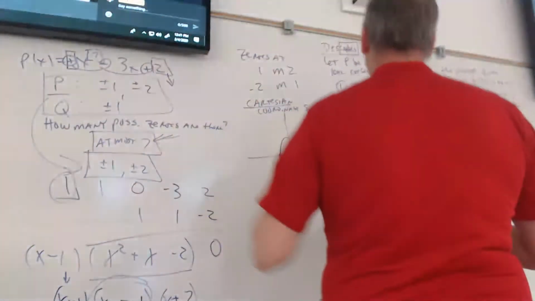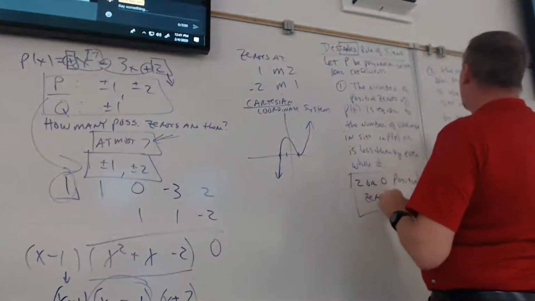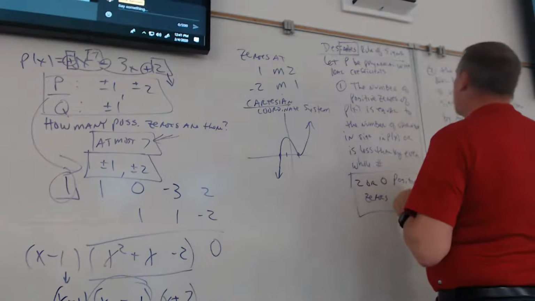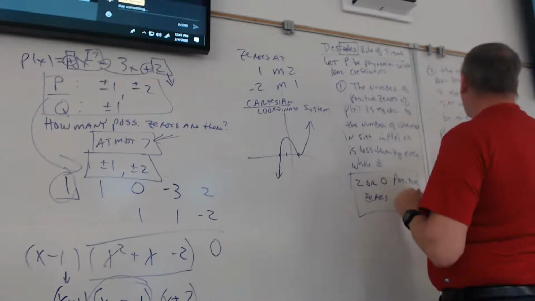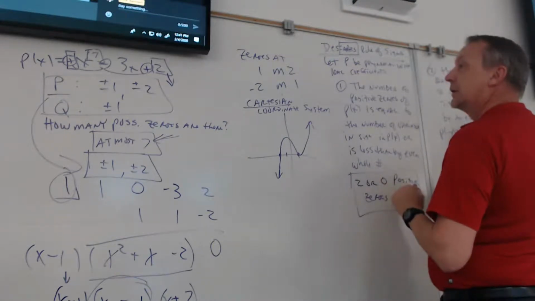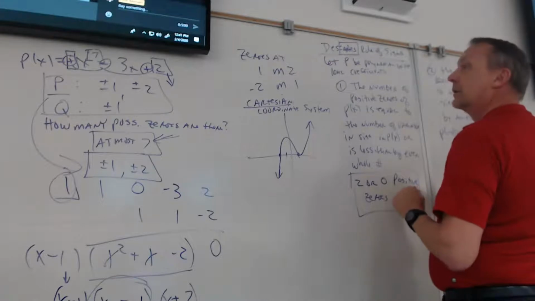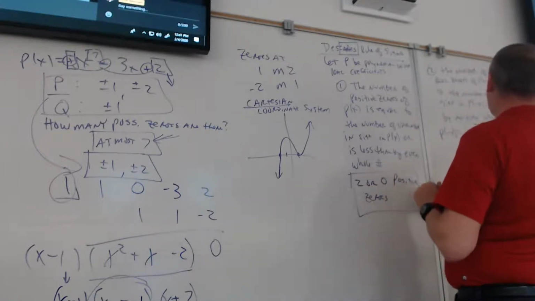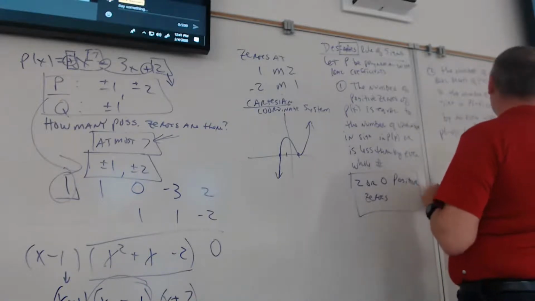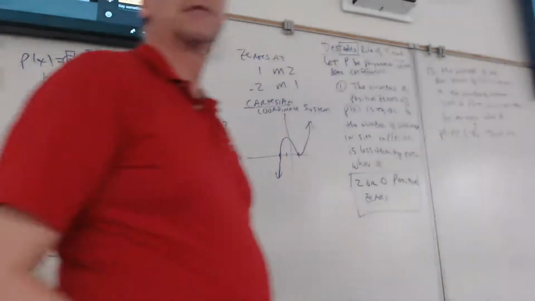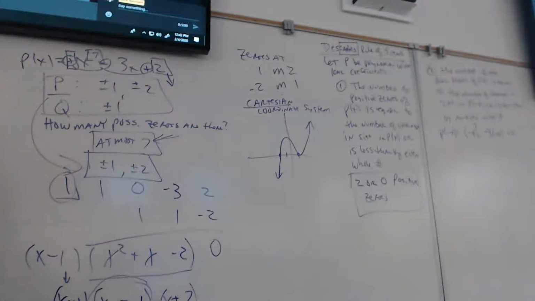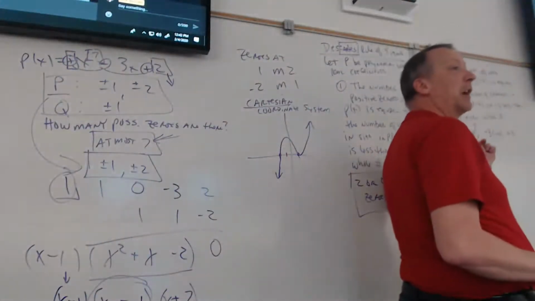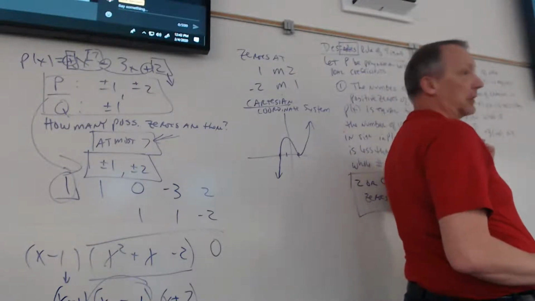But let's go through this again. According to this, now I need to find p of minus x. P of minus x would be negative x to the 7th minus 3 times negative x plus 2. If I simplify this, this becomes what, Michael?